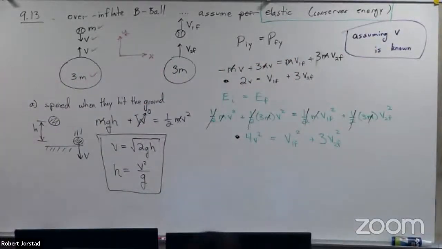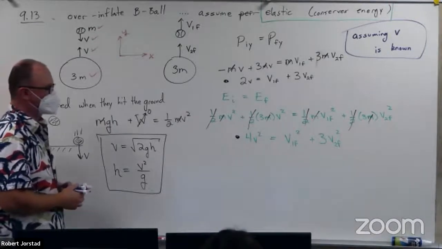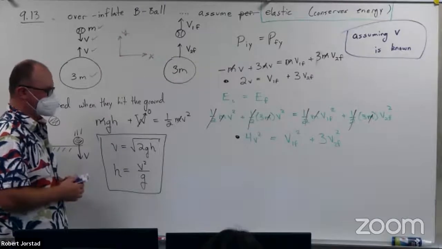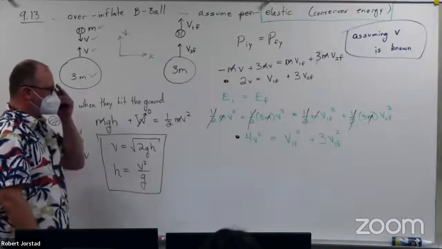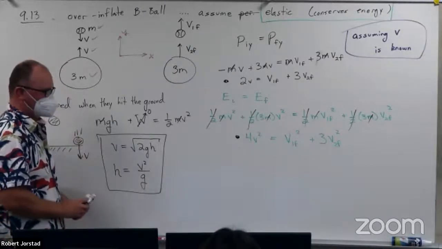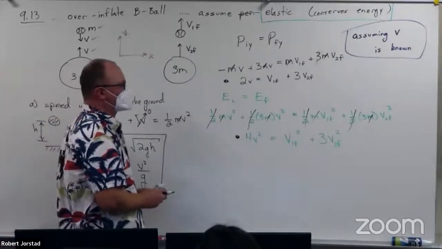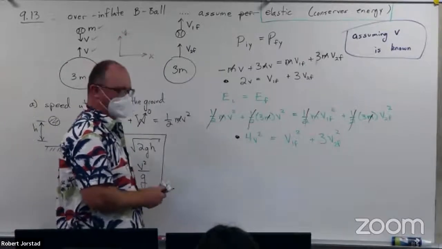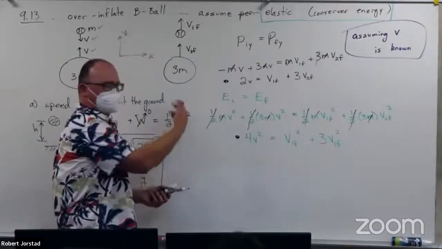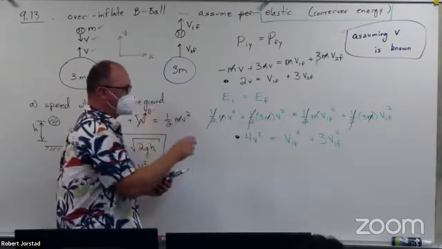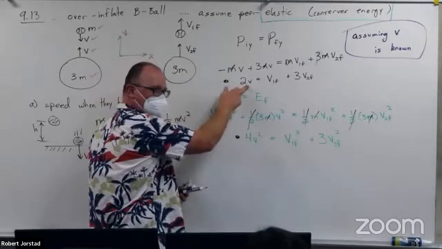I want to learn about the final velocities. How could I do that? What should I do next? For the top equation, maybe divide 2 onto both sides so that we can plug in V. We've got to solve for one in here and plug it down there. Now, remember, we don't want to get rid of V, that's our known, right?